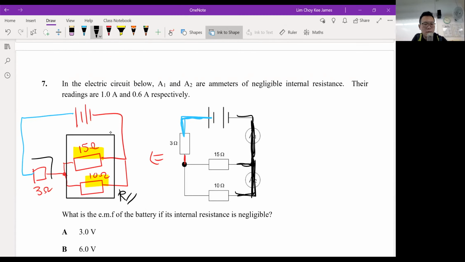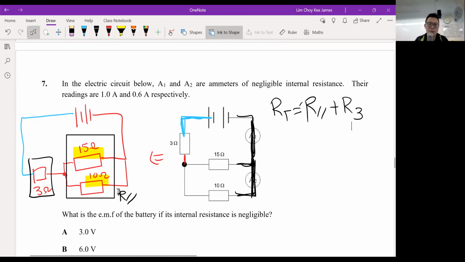It's in series with the 3 ohms. So the total resistance is R parallel in series with R3, the 3 ohm resistor. If you work out the math for R parallel, please go ahead and try, then you will have an answer for RT.